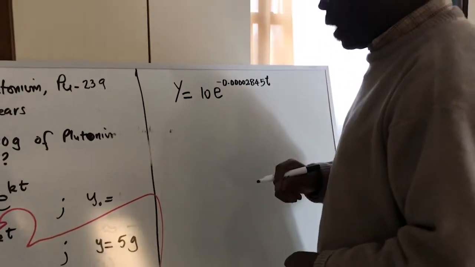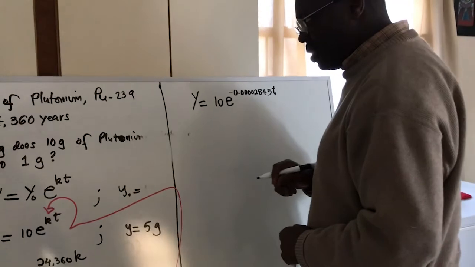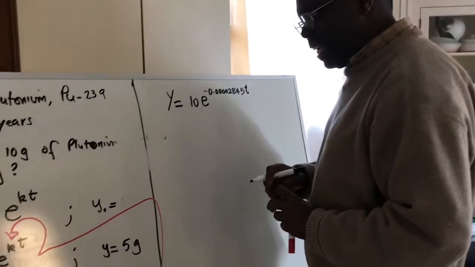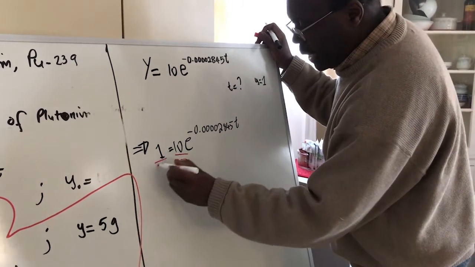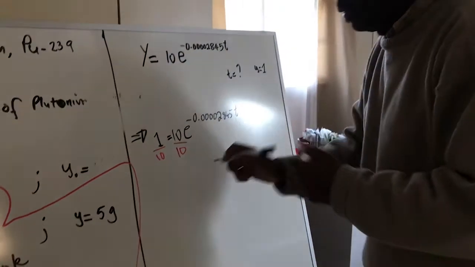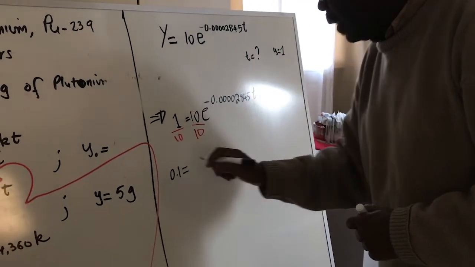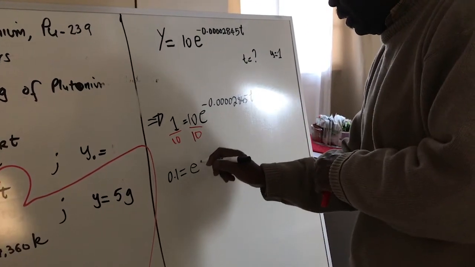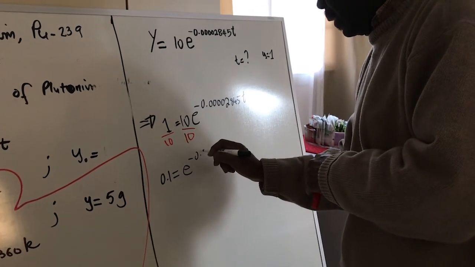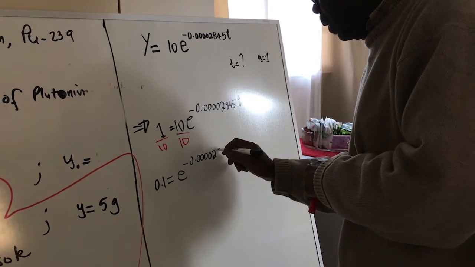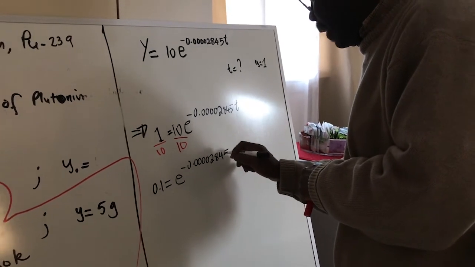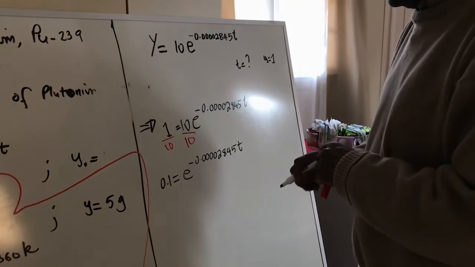And you want to know how long it takes 10 grams to decay to 1 gram. Now we divide each side by 10, and we have 0.1 is equal to e^(-0.0002845t). Just like what we did before, take ln of each side.